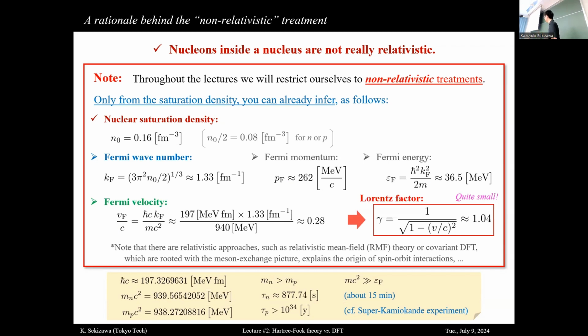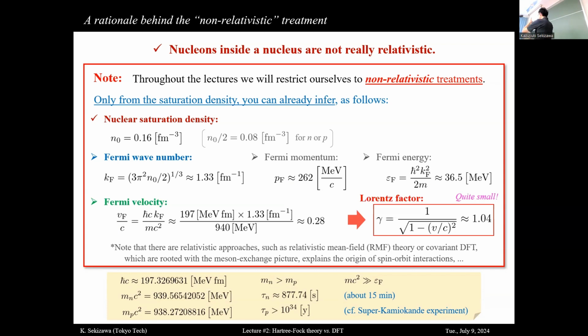I agree that if you use some non-relativistic expansion for the Dirac equation, you can see the spin orbit interaction comes from the relativistic effect. But in case of nuclear force, the origin is the nuclear force, the strong interaction between quarks and gluons.